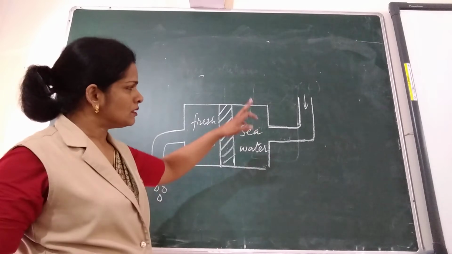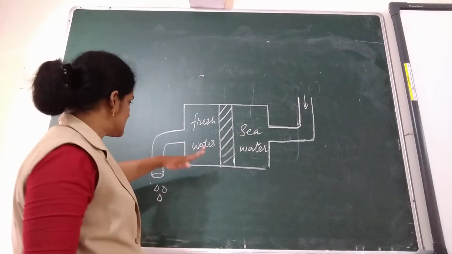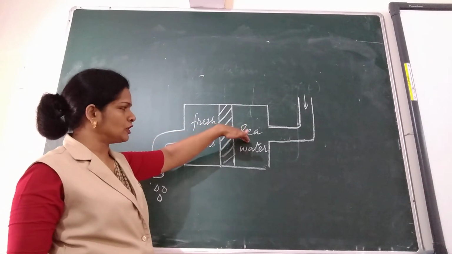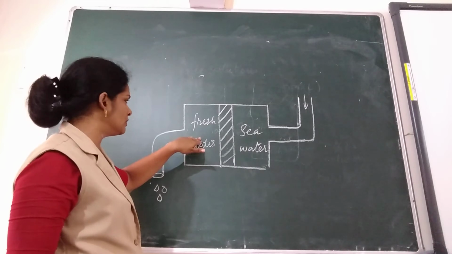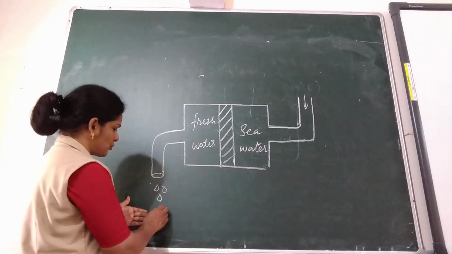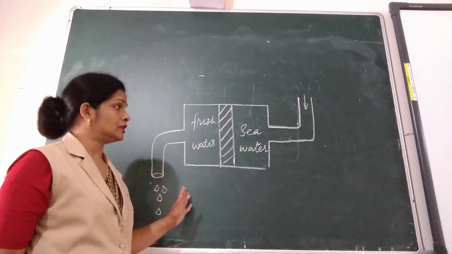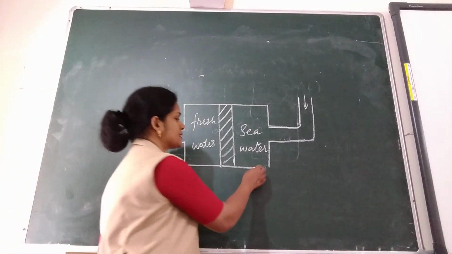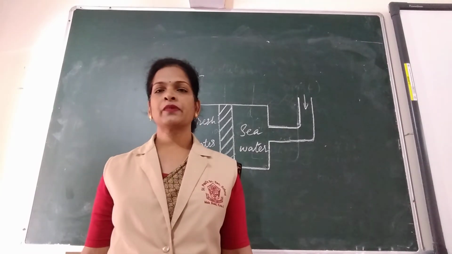A pressure higher than the osmotic pressure is applied on that end. So pure solvent from seawater will be entering into fresh water, and that you can get from here. So this is the experimental setup for the large scale desalination of seawater to get potable water.